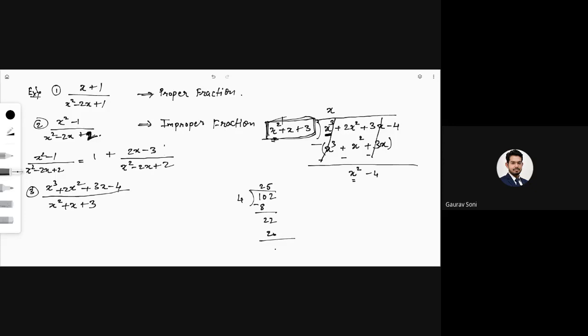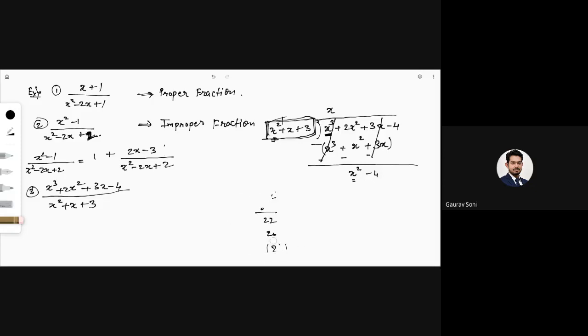What is the remainder? 2. Now this 2 is less than this 4, so we stop. Am I right? Yes, sir. तो जब तक रिमाइंडर छोटा नहीं हो जाता है डिवाइजर से, तब तक डिवाइड करते जाना है.